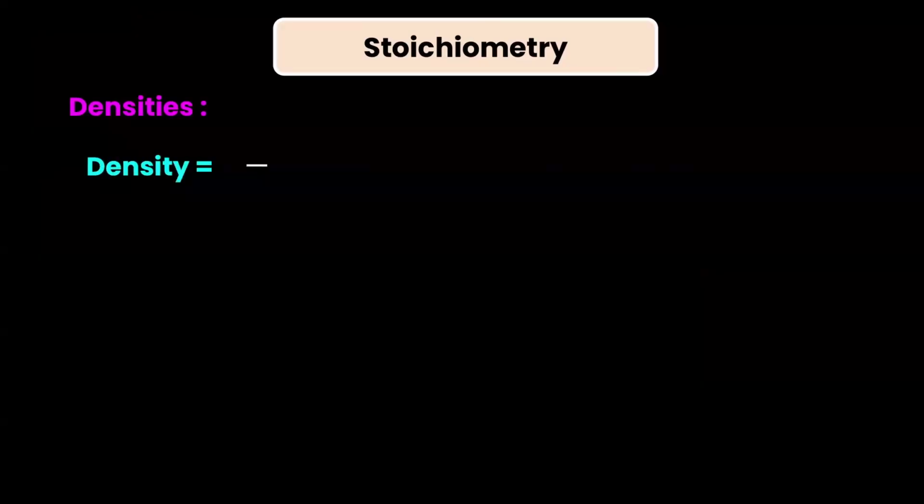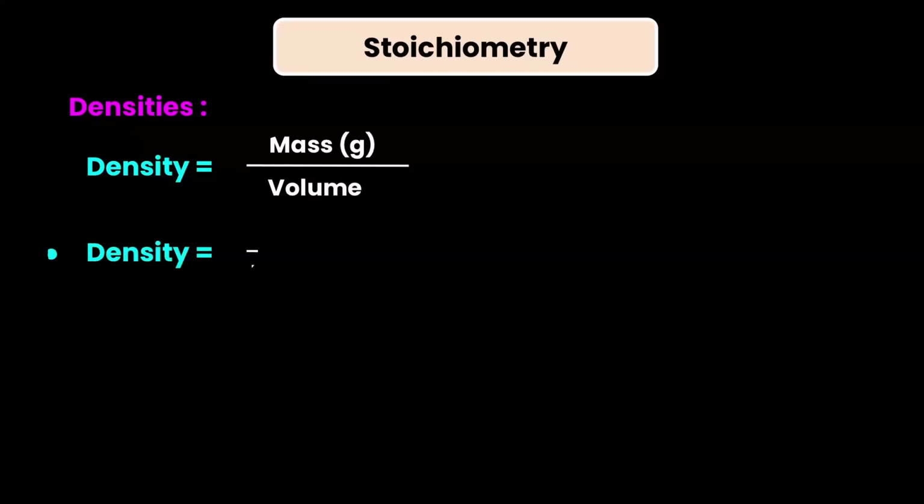Continuing with it, the other term that you need to revise is densities. There are four various definitions that you need to remember. First, density is simply mass of the substance upon volume of the substance.